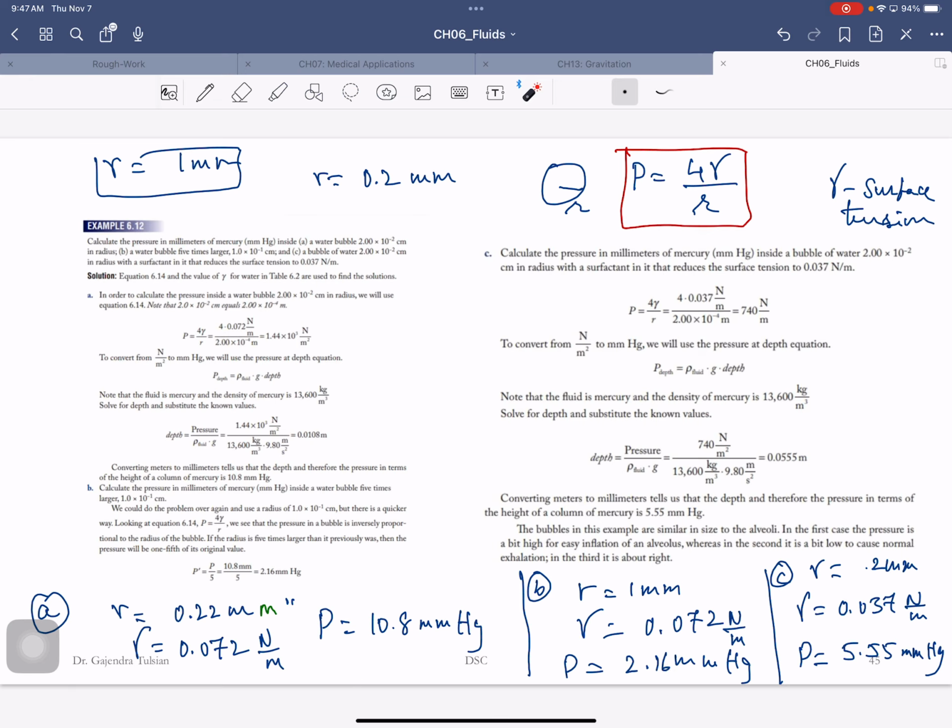The last part is, again, you have normal size alveoli. We've reduced the surface tension by adding surfactants, and the pressure is that. Now, when the pressure is too high, for instance, sometimes it happens in newborn kids, they have trouble breathing.